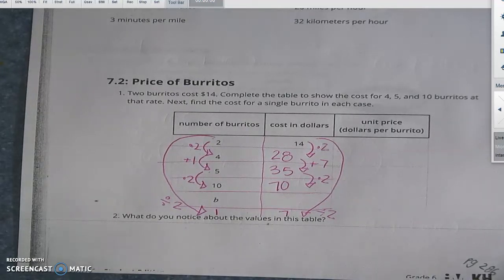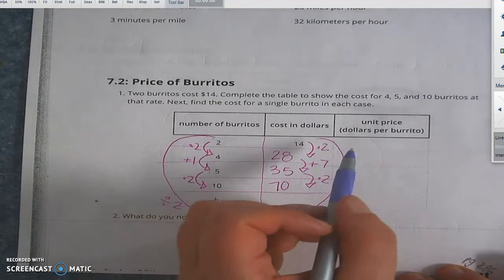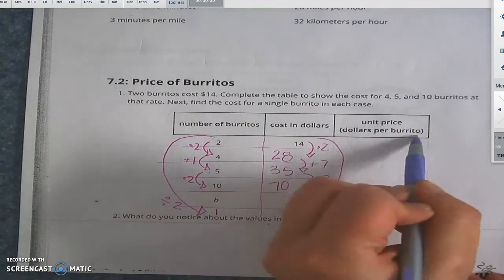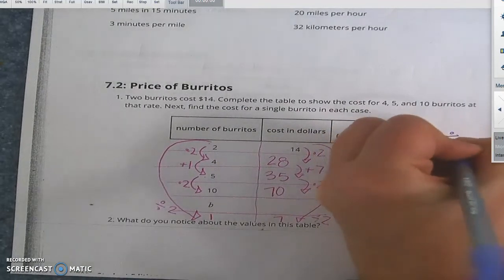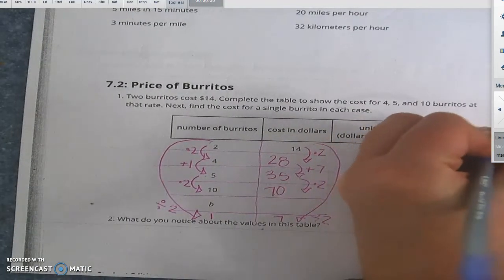But we're also going to just write this as a division equation. So some of you have started to discover that we can sometimes do this without a table, and we're kind of getting towards that point right now. So if I want to figure out how many dollars per burrito, I want to do the number of dollars divided by the burritos.